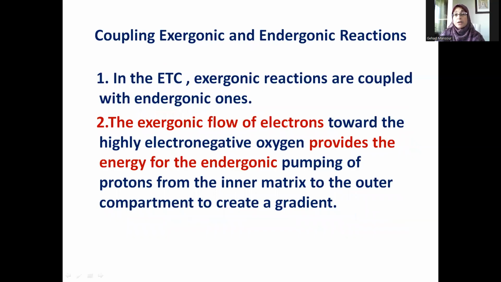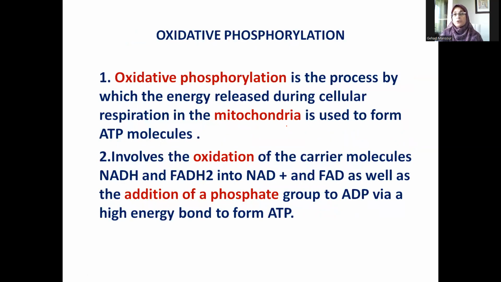We've talked about coupling exergonic and endergonic reactions. The flow of electrons is exergonic, whereas the pumping of protons is endergonic. We've also talked about oxidative phosphorylation, where we use the energy released from the oxidation of NAD and FAD in order to add a phosphate group to ADP to form ATP through the ATP synthase.